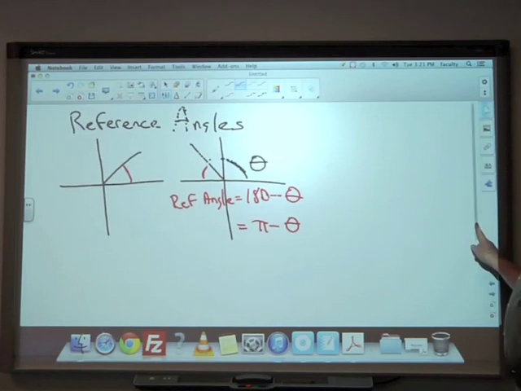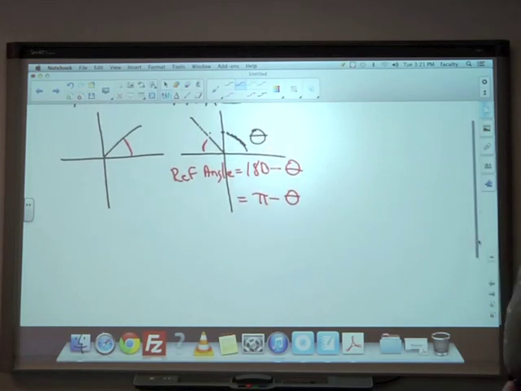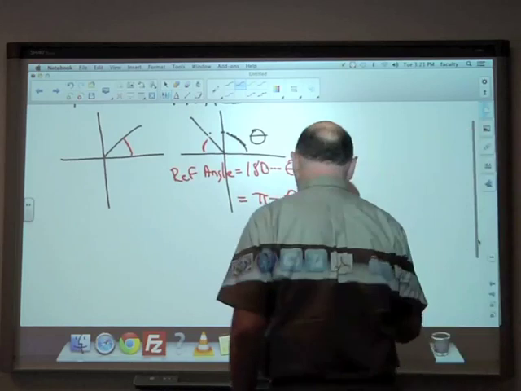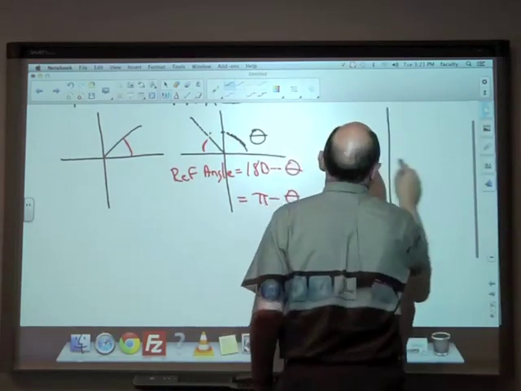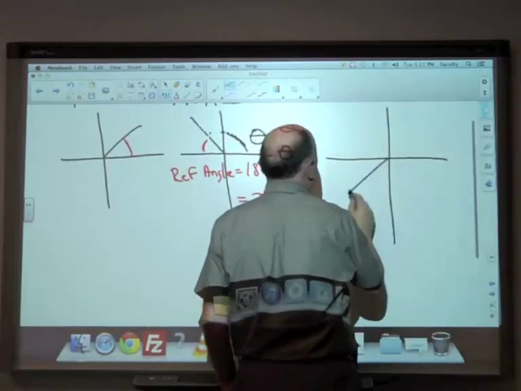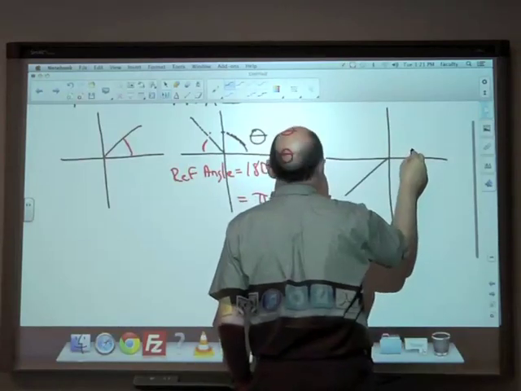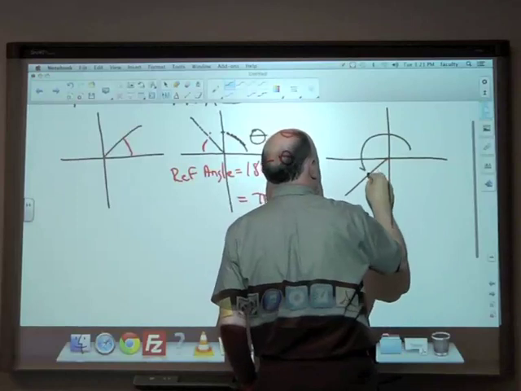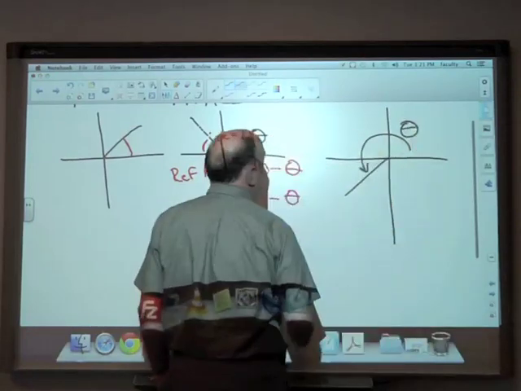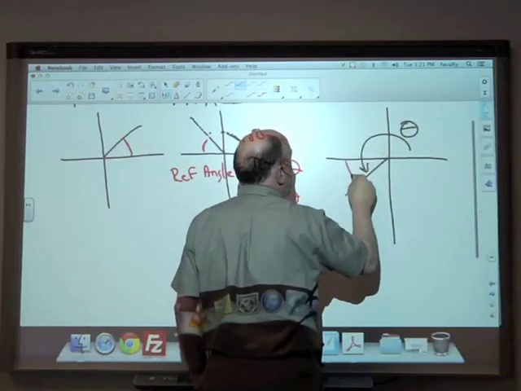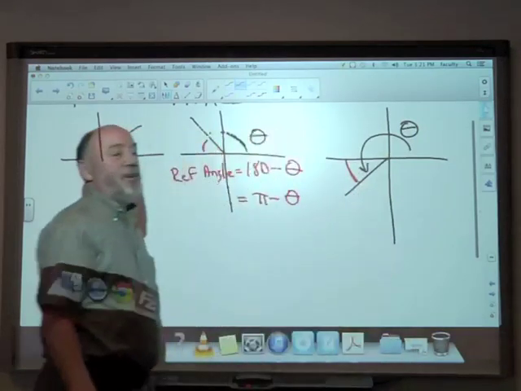If the angle is in the third quadrant, okay? So now my angle is down here. So here's my angle, theta. My reference angle is always to the x. So my reference angle will be that measurement.